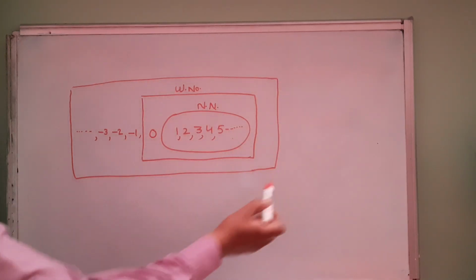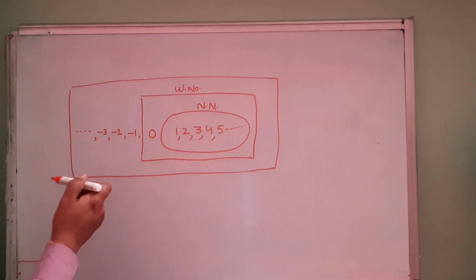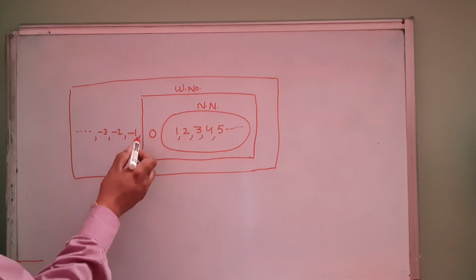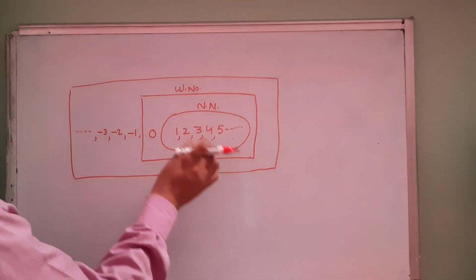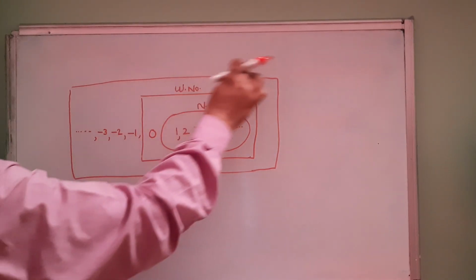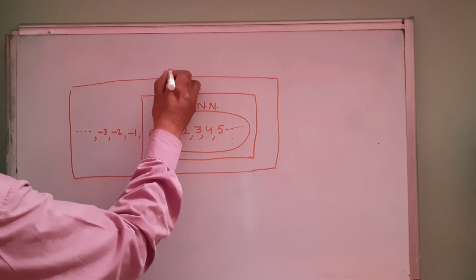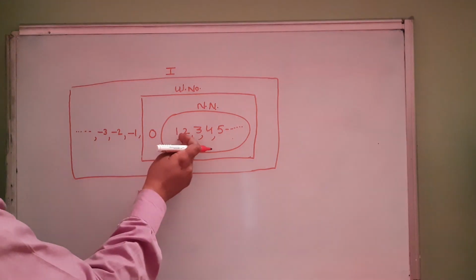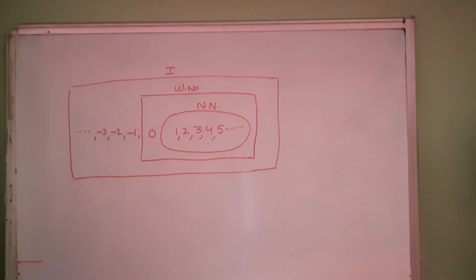You have this box, it is containing whole numbers and natural numbers. Means this bigger box is containing -3, -2, -1, then 0, 1, 2, 3, 4, 5. This big box is containing these two boxes also. So this third box can be given a name, integers, because it includes negative numbers, it includes positive numbers and 0. So integers are there.